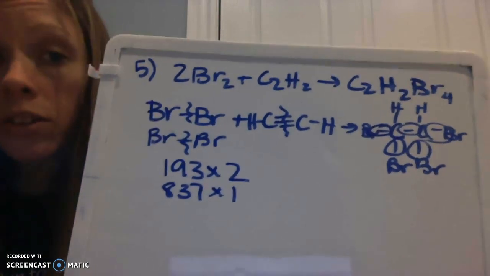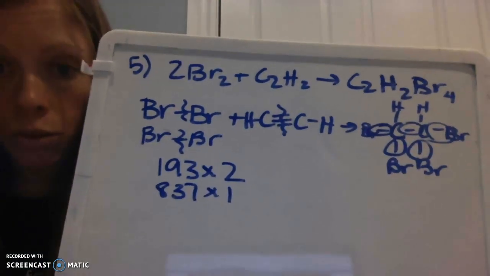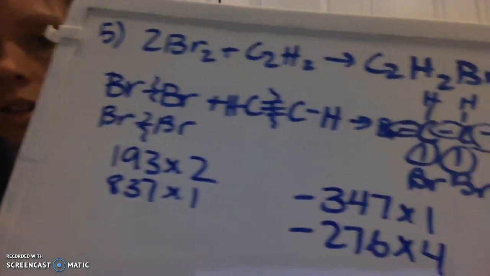Okay, the other side we get energy back. That's exothermic, so we need a negative sign. So we have a CBr bond and a CC single bond. Our CC single bond is 347, and I'm going to make it negative. And my CBr bond is 276 times 4.